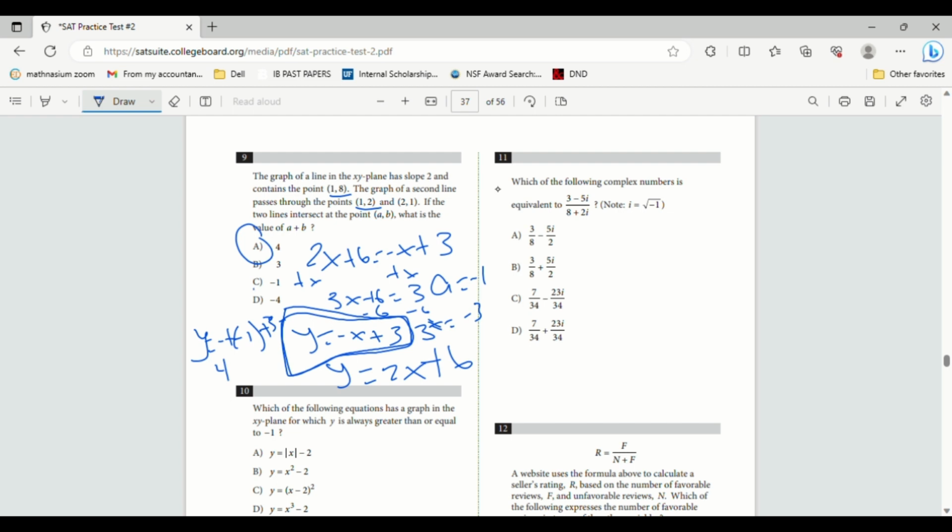Negative 1 and positive 4 are both choices, but those are only the values of a and b separately. What we need to do is add them together because the question asked a plus b. So negative 1 plus 4 equals a positive 3. 9 is B.